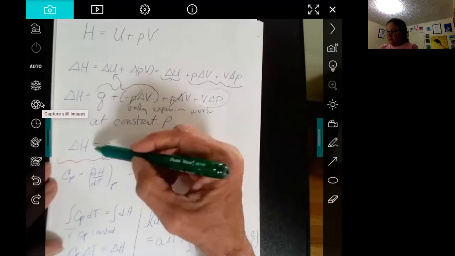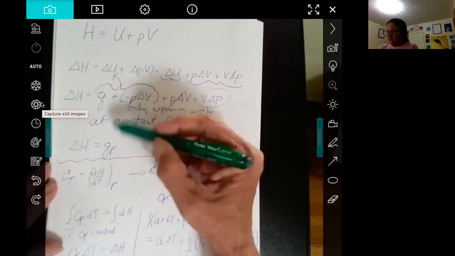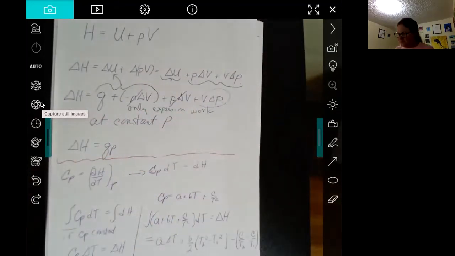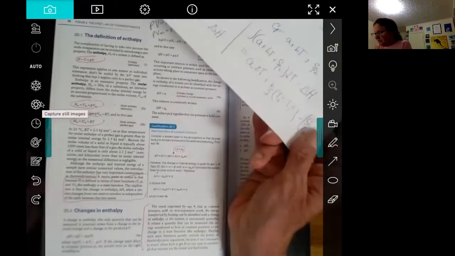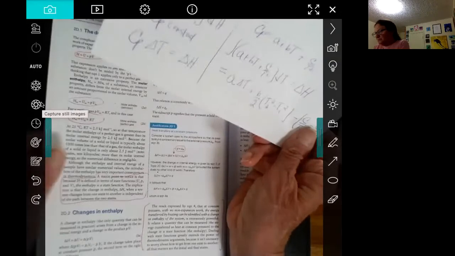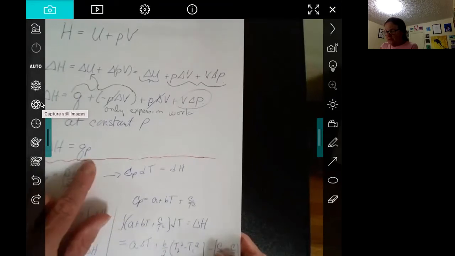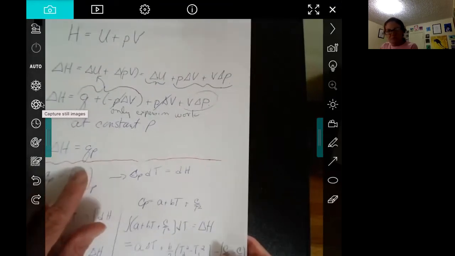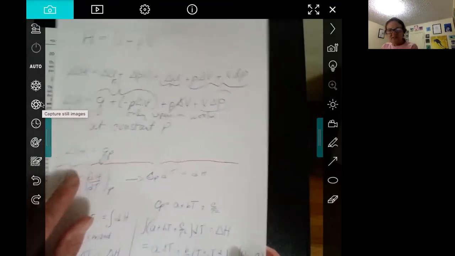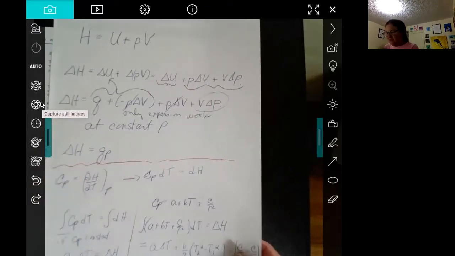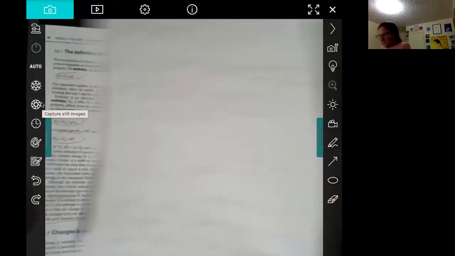And you come up with delta H is equal to Q if the process takes place at constant pressure. So that will be very important for us to think about. And so we've taken Q, which is path dependent, put the restriction on a certain path, essentially, and we come up with a state function, delta H. So that's going to be very, very valuable.